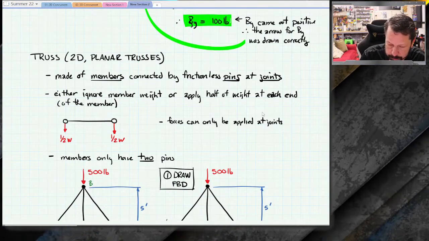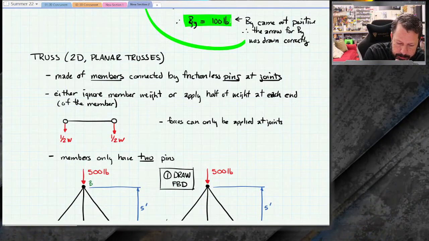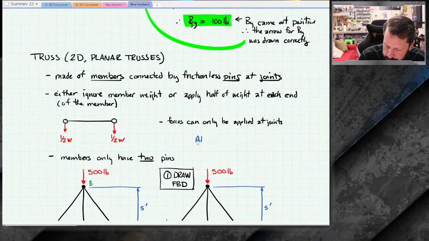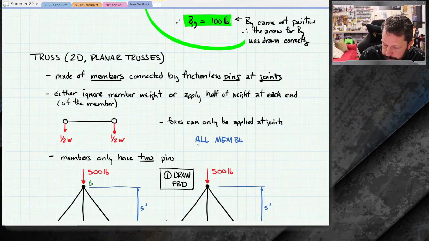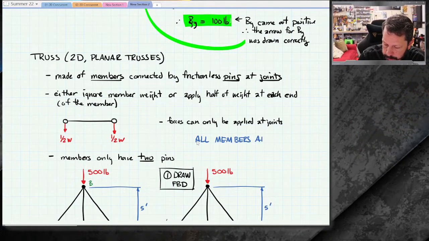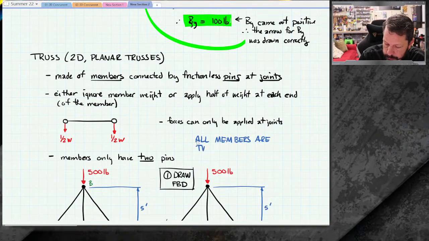What all that ends up meaning is, let's write it in blue, all members are 2 force members.